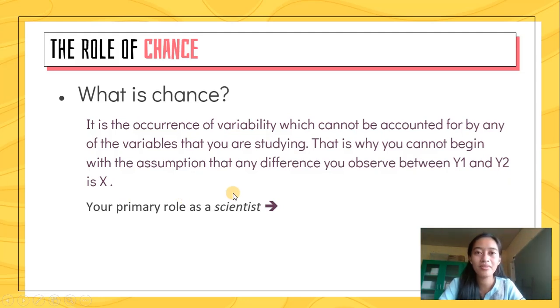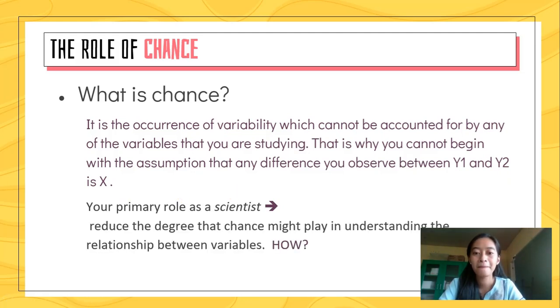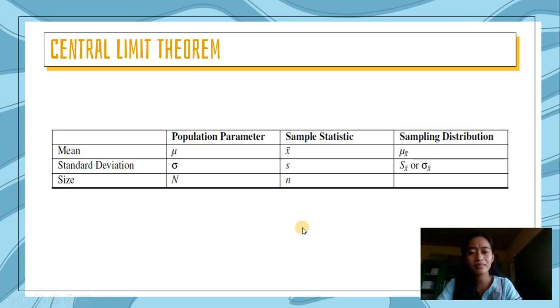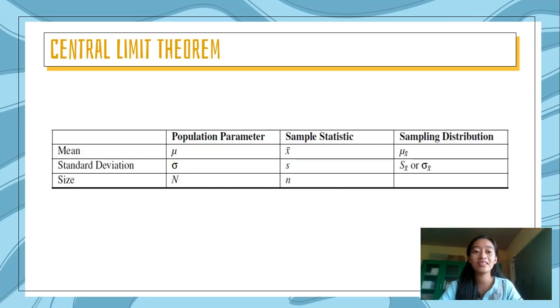So our primary role as scientists is to design our research well, to reduce the degree that chance might play in understanding the relationship between variables. How? Well, we have to follow as best as we can the principles of research design: controls, randomization, repetition, and so on.